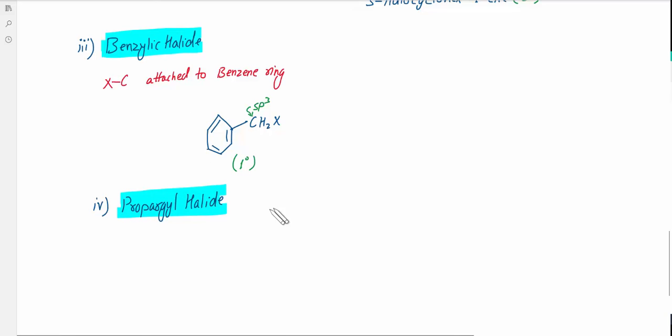Now what is this category? One thing is for sure, the carbon to which the halogen is attached is going to be a sp3 hybrid carbon, right? The halogen is attached to that sp3 hybrid carbon, and that sp3 hybrid carbon is next to a carbon carbon triple bond.